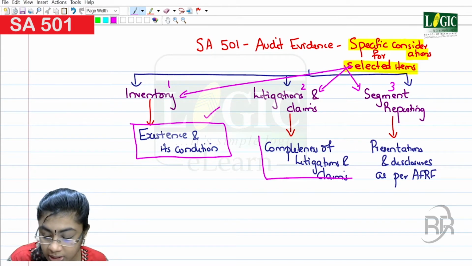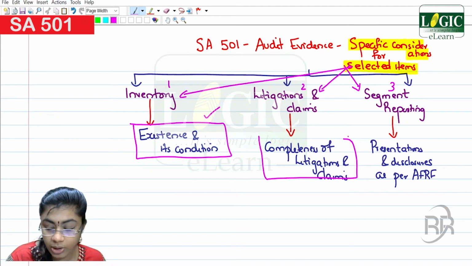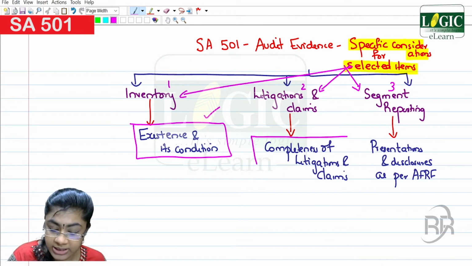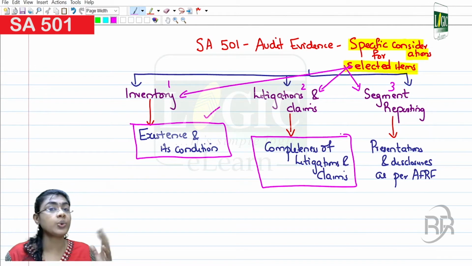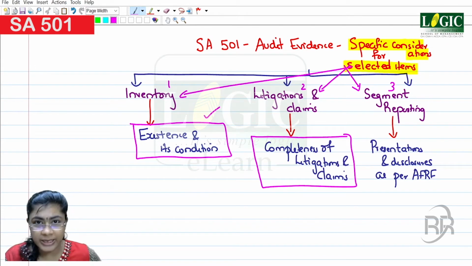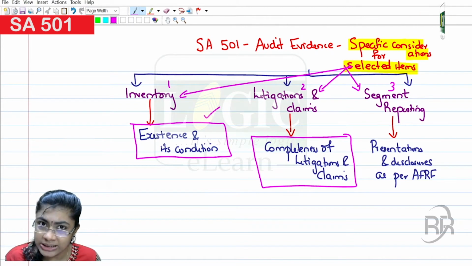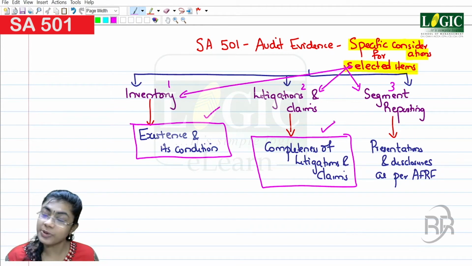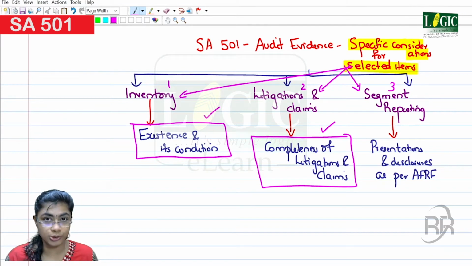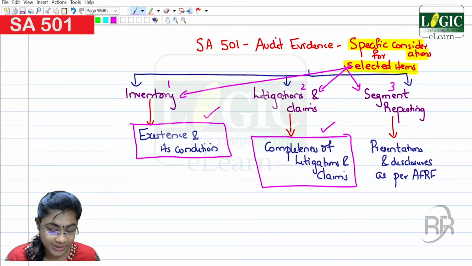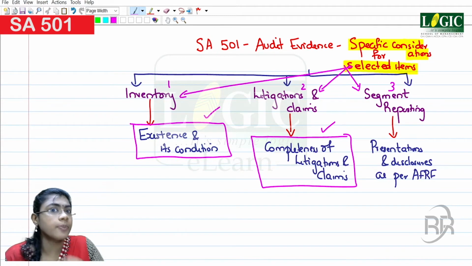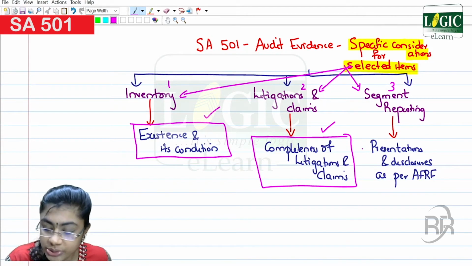With respect to litigation and claims, you are going to obtain evidence whether the litigation and claims as shown in the financial statements are complete, whether any litigation and claims have been omitted. So this is the specific consideration with respect to litigation and claims. Finally, with respect to segment reporting, what are we going to see?